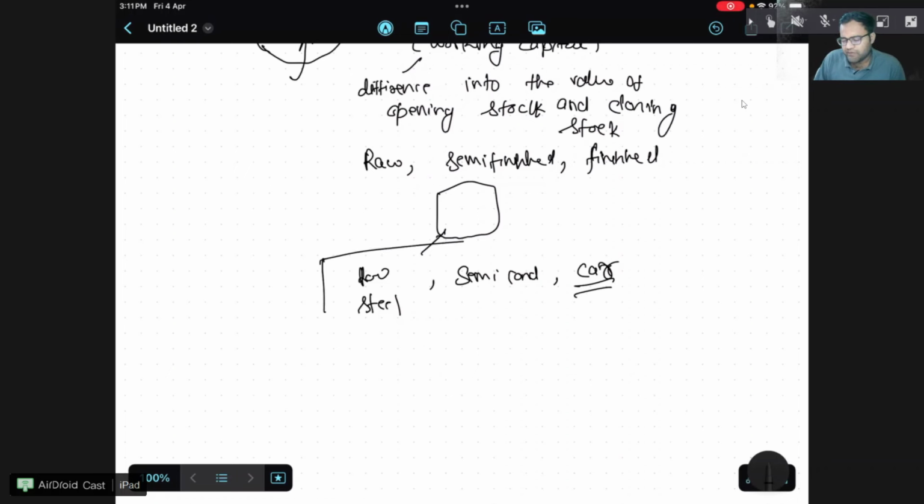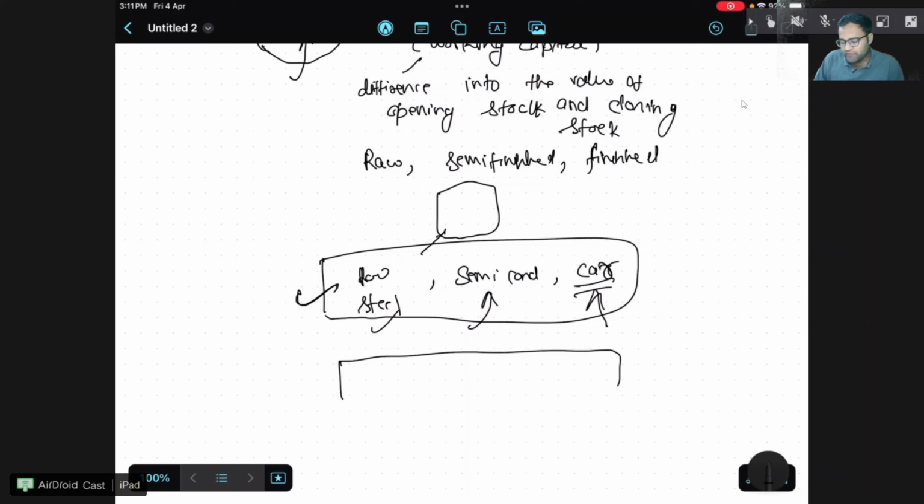Whatever its financial session, at the beginning of the year it has some raw material, some semi finished goods, some finished goods, and at the end of the year we calculate the same values.